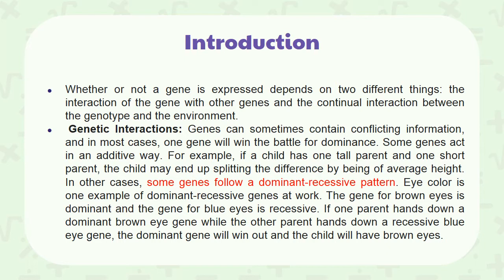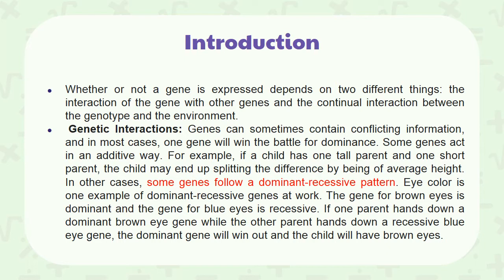Firstly, the interaction of the gene with other genes, that is the interaction of the genes of both the parents, for example, the color of the eyes, the color of the hair, the height, the color of the skin, and so on. And secondly, the interaction of the genotype with the environment.